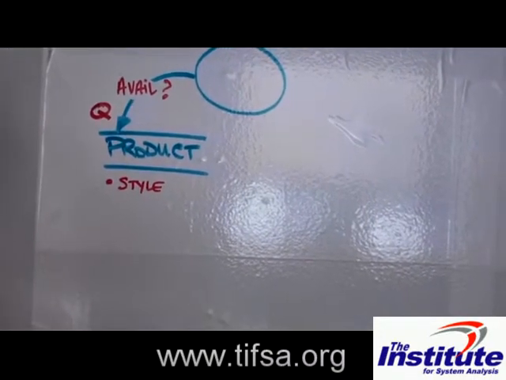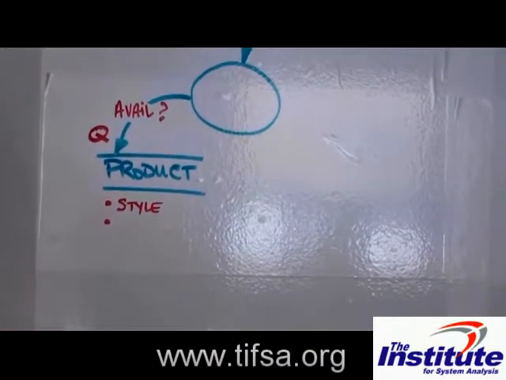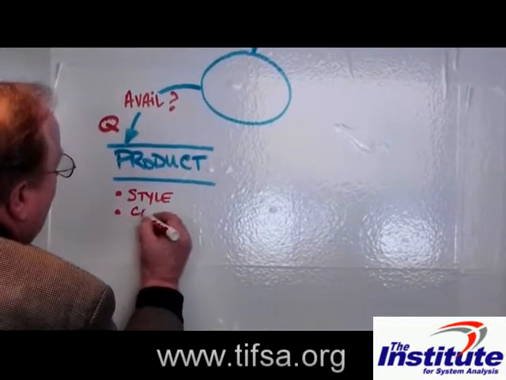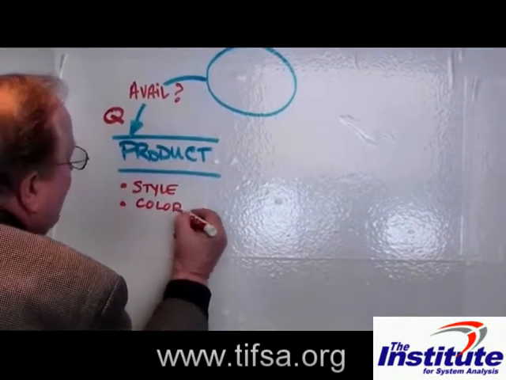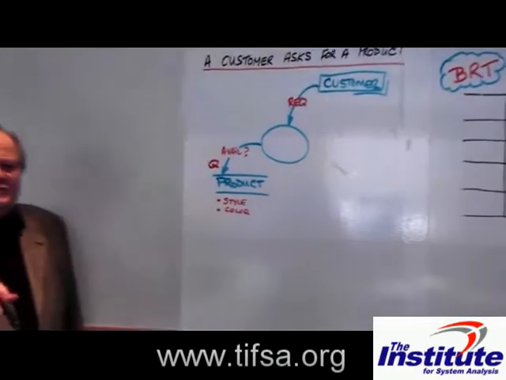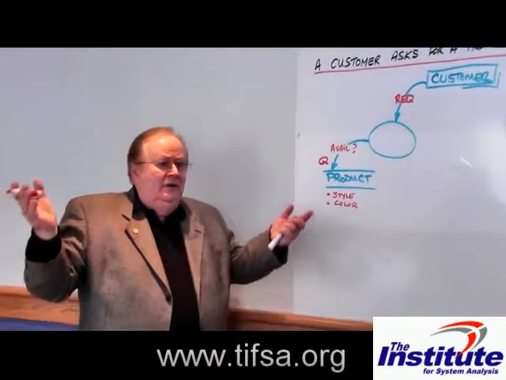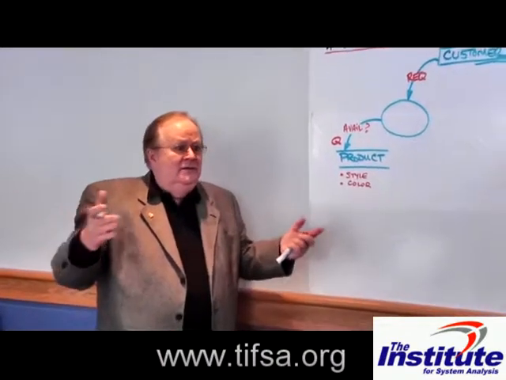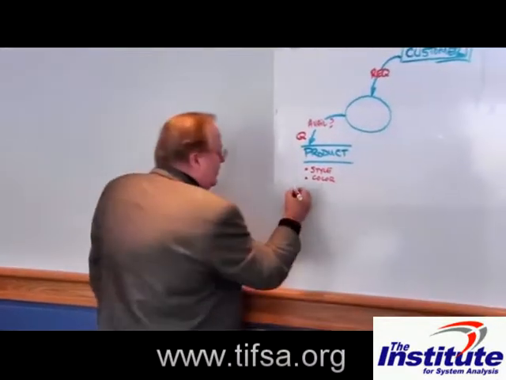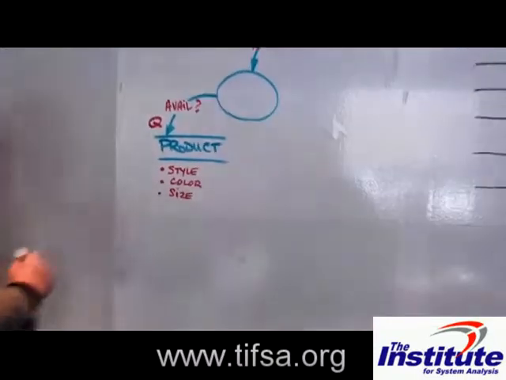Lime green, which means the color, because I could have different styles and different colors. So I'm looking for a specific style, a loafer. I'm looking for a specific color, lime green. I also need to know the size, because I may have size 9, size 6, and so forth, but not size 13, which is what we're looking for. So I'll look for a size as well.